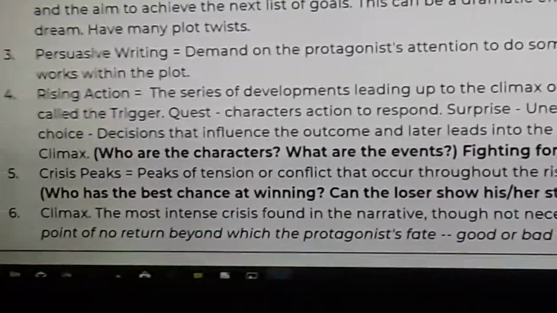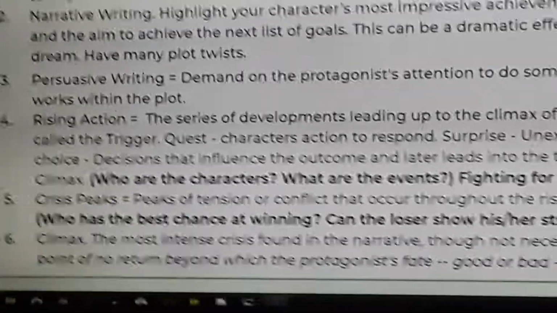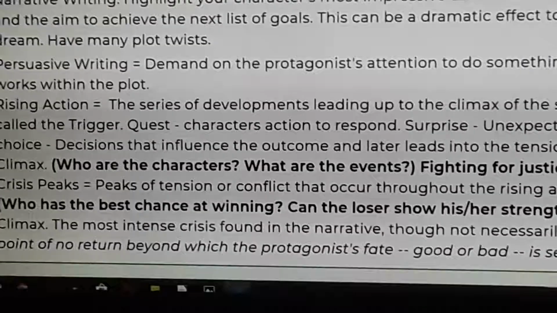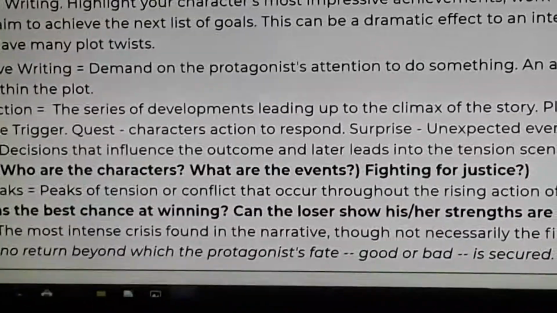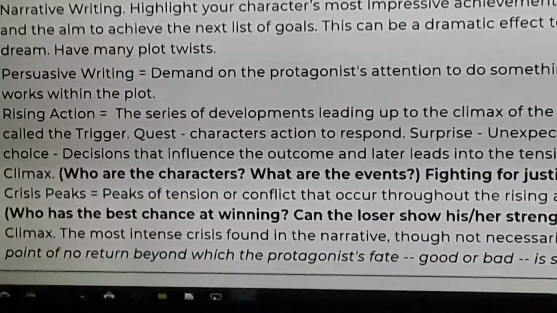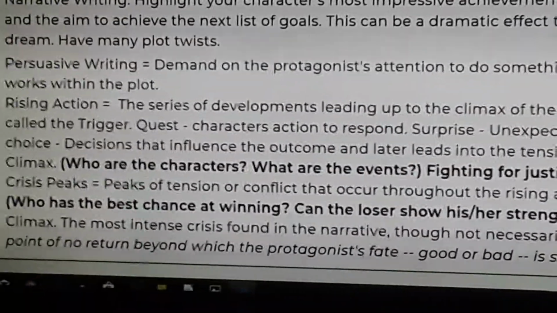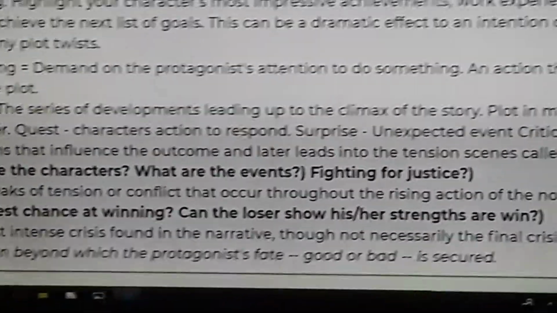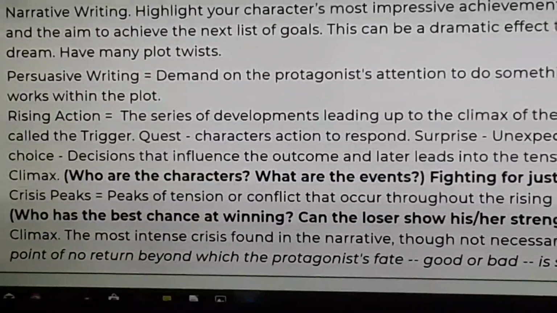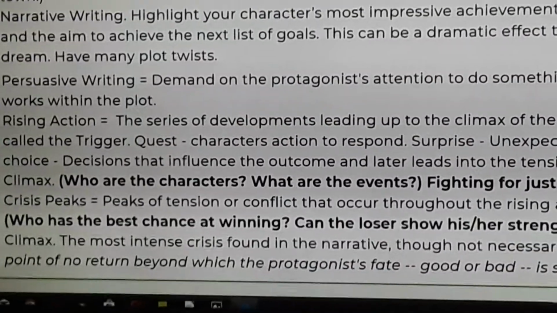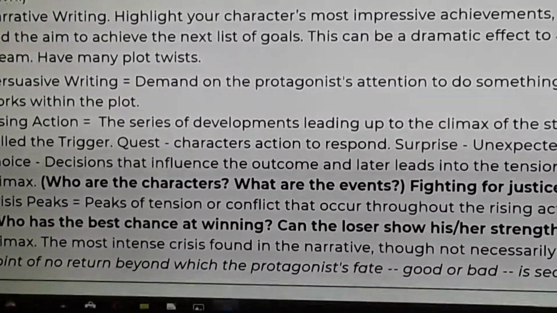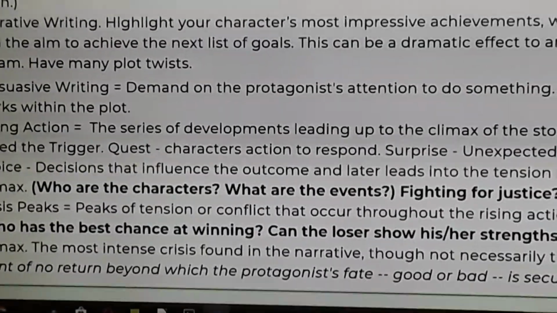So next we have the rising action, where it's a series of developments leading up to the climax of the story. So this happens in several steps. We have the plot in motion, called the trigger, and we have quest, where the character's action to respond.